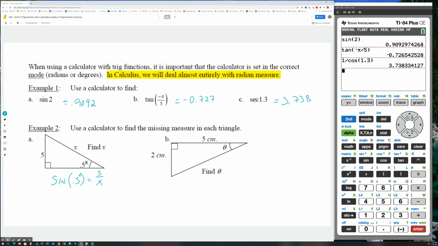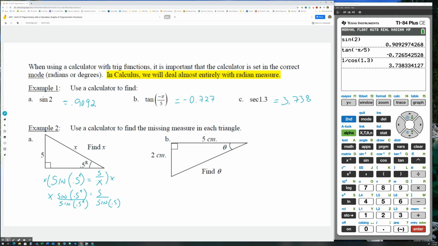Now, we're going to solve for x, which means we need to move the x out of the denominator. We do that by multiplying both sides by x, which gives us x times sine of 0.5 radians equal to 5. Now we just need to get the sine away from the side the x is on, so we divide it out from both sides, and we can find our x.